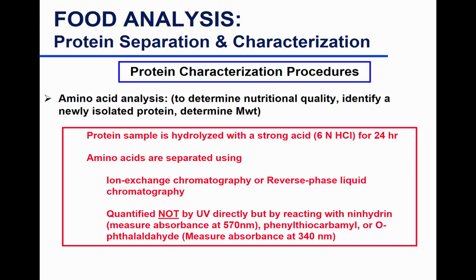In order to quantitate, we cannot directly measure UV because not all amino acids absorb UV light. Only 3 of them do: phenylalanine, tryptophan, and tyrosine.